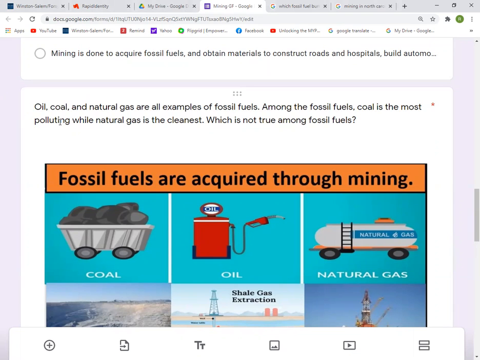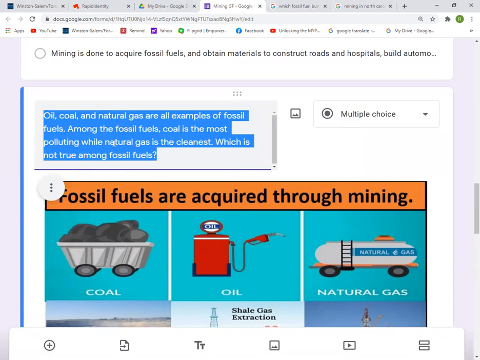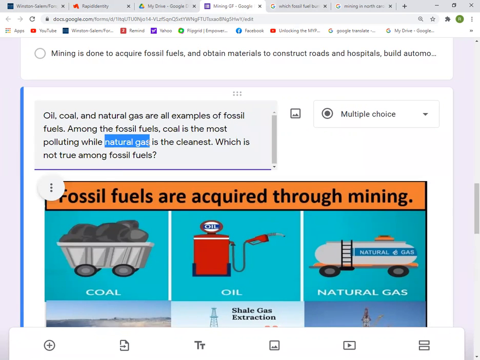That is why we are responsible also for global warming. However, the usage of coal is decreasing because of the shifting to natural gas, which is considered as the cleanest among the fossil fuels. As of now, we consider coal as the most polluting and natural gas is the cleanest.